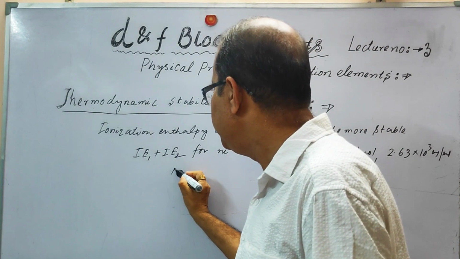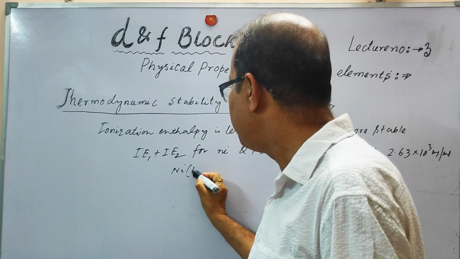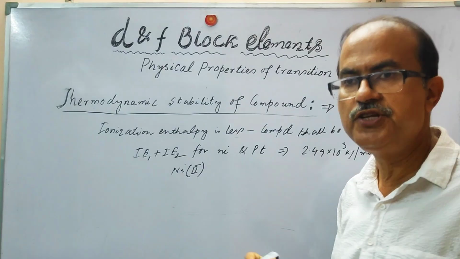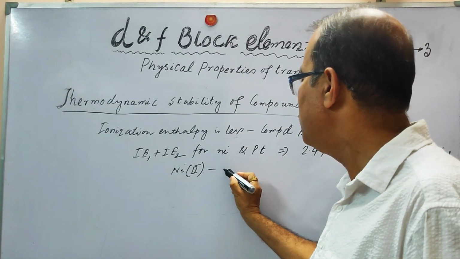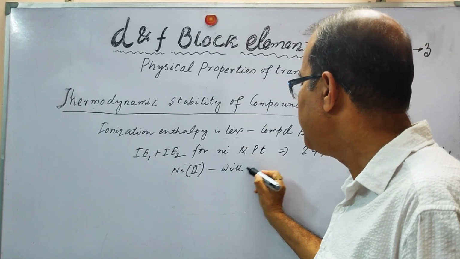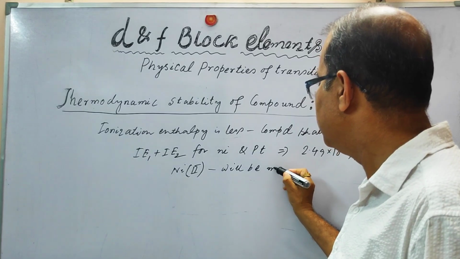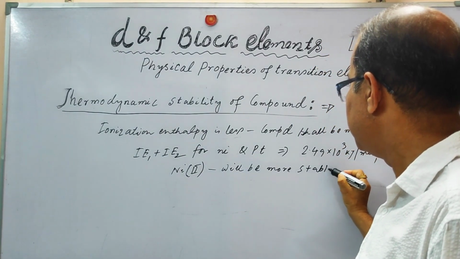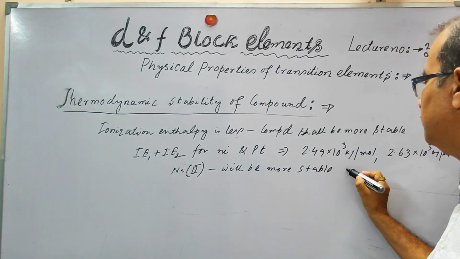So a compound of nickel in the 2 oxidation state will be more stable than platinum 2.